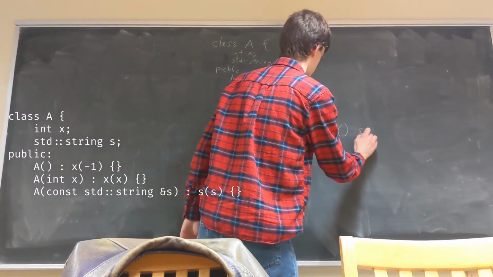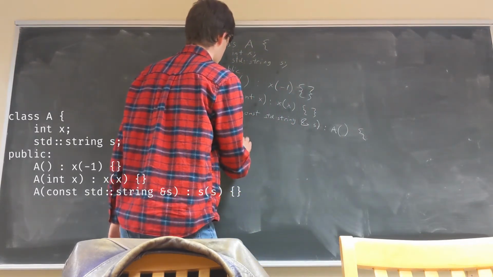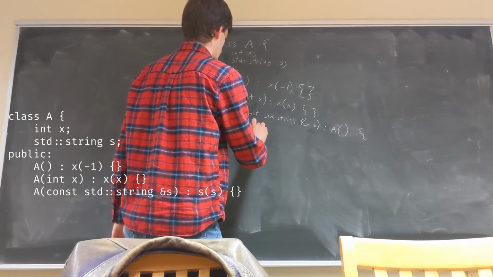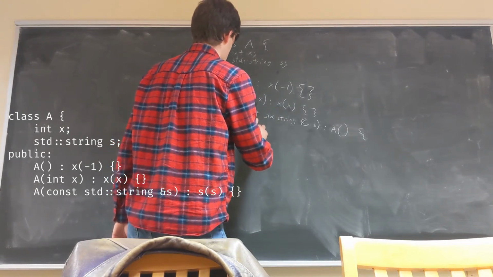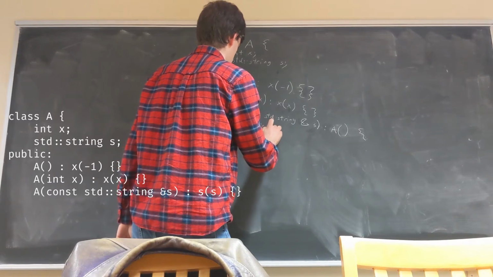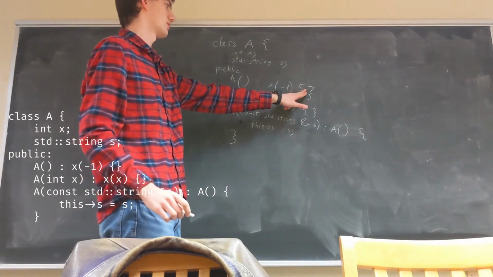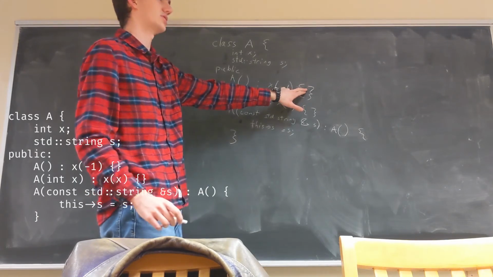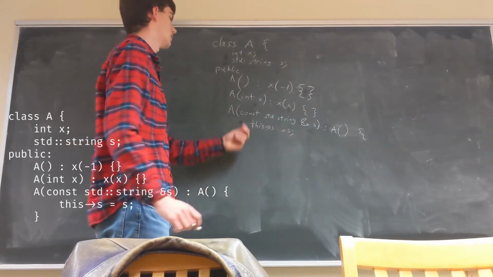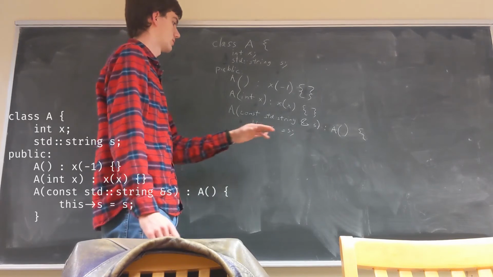We could do this instead. So if instead of this being empty, there was a whole bunch of functionality here that we didn't want to copy paste, one possible thing we could do is this.